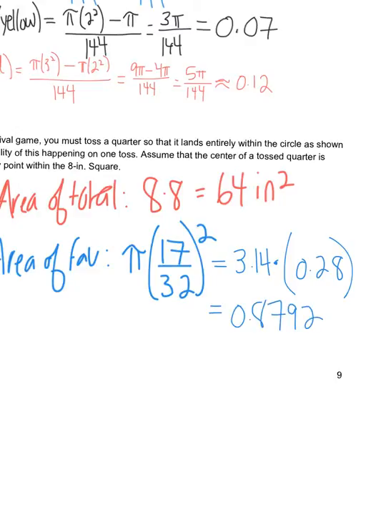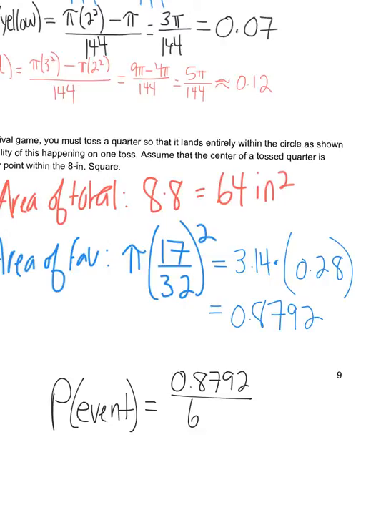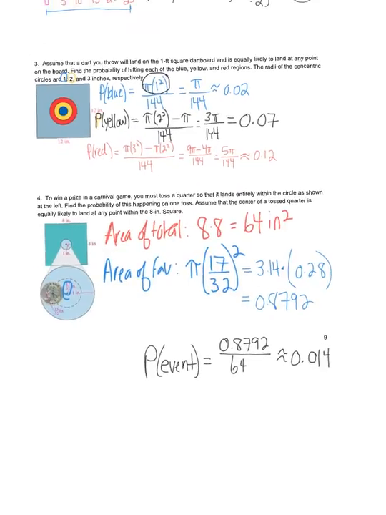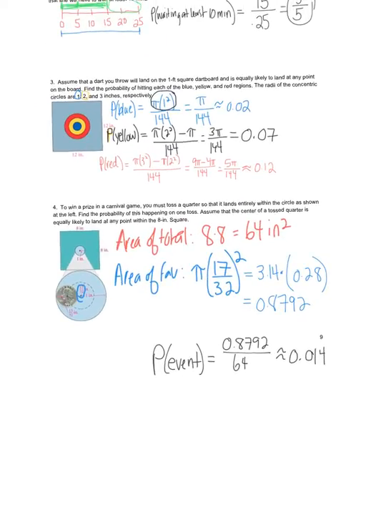So the probability of this event is going to be equal to 0.8792 all over 64, which is about 0.014 if I round. So it looks like it's a pretty small probability to land that quarter entirely within that little circle there with a 1-inch radius.